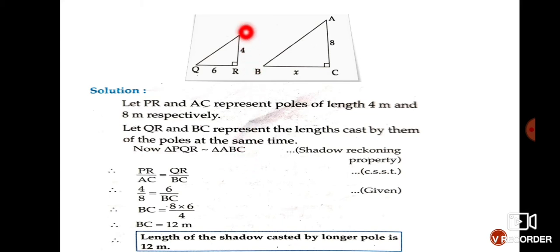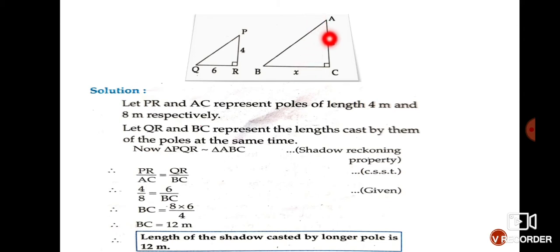Now you know that PR and AC are the poles. Now poles are always perpendicular to the ground. So we can say in triangle PRQ and ACB, angle R is equal to angle C is equal to 90 degree. Now they are saying that the shadows are cast at the same time.